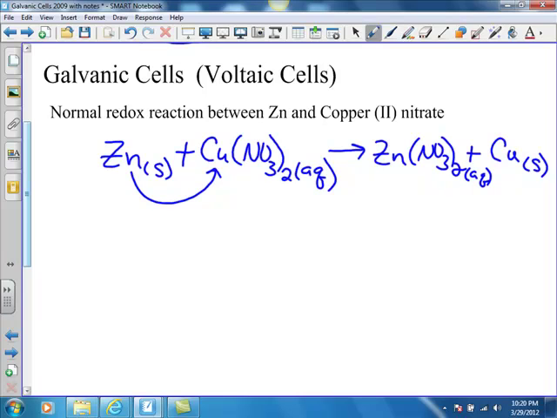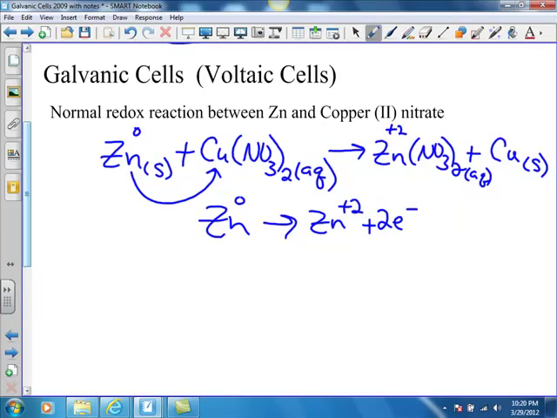And what's happened is the electron transfer has occurred between the copper and the zinc. And we can write the 2 half reactions like we did in the previous video for this. Zinc, which is a 0 charge here and a +2 charge there, went from 0 to zinc +2, and the way it did that is it lost 2 electrons.